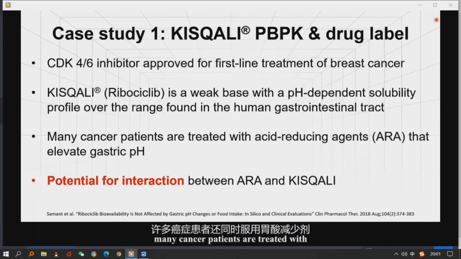Now, many cancer patients are treated with acid-reducing agents that elevate the gastric pH. So therefore, there's a potential interaction between acid-reducing agents and Kisqali because of this pH-dependent solubility of the compound. And here is the publication by Samant et al. from 2018 that gives you the detail behind this case study.